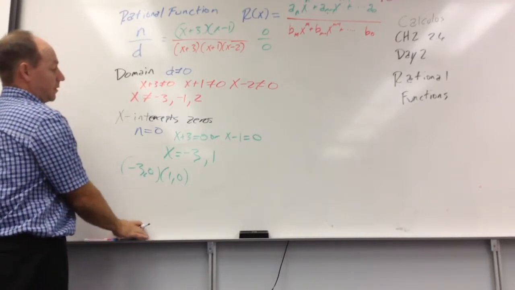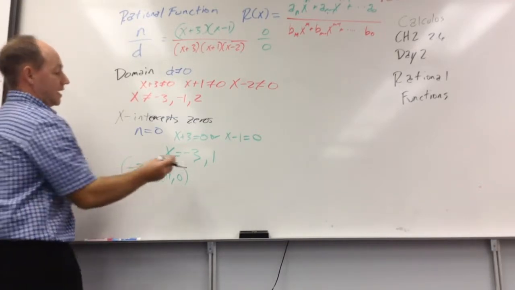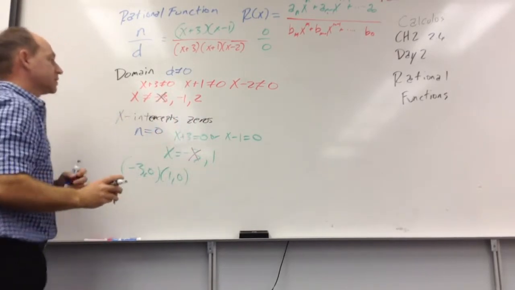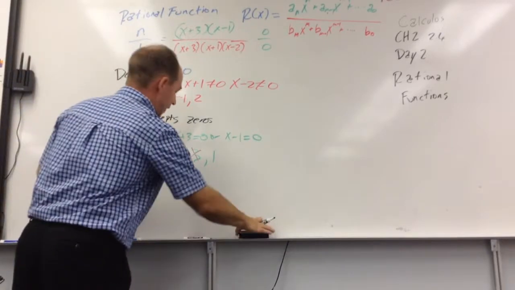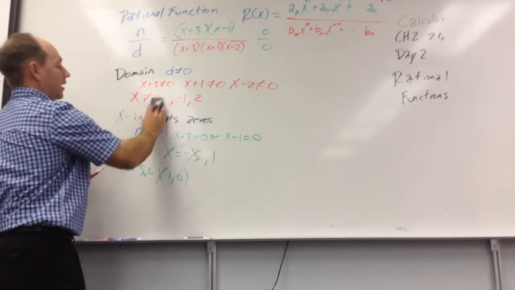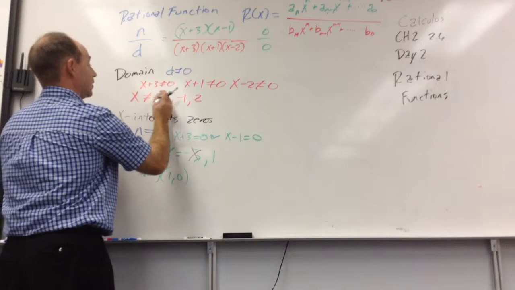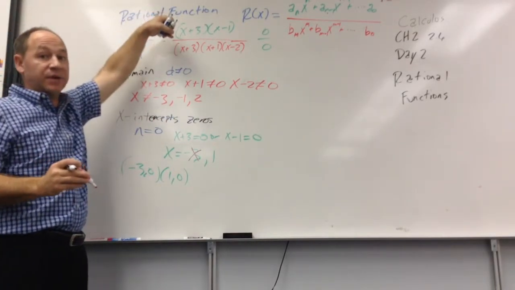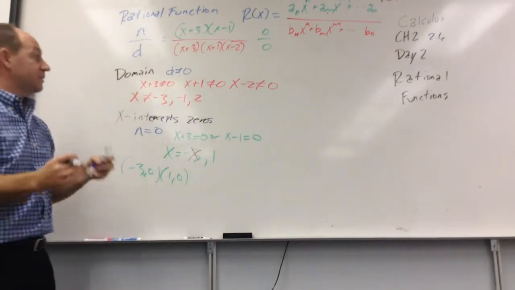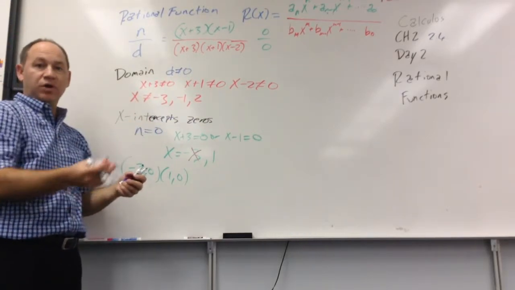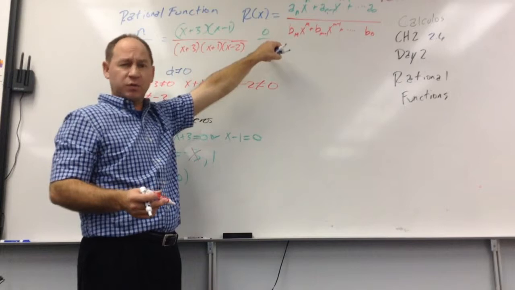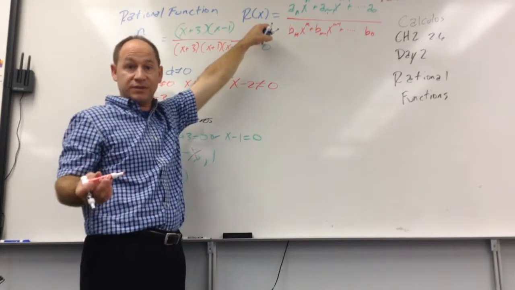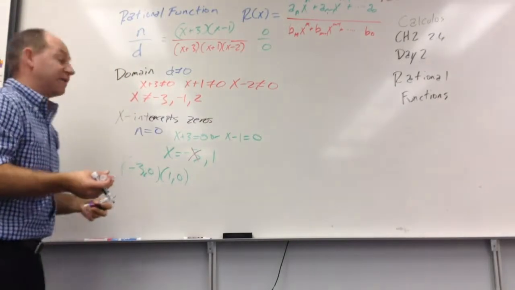There just so happens that when x equals -3, it's on both lists. So that means that it's not really going to cause a 0. However, it's still not in the domain. I still can't divide by 0, and I certainly can't take 0 divided by 0. That's called indeterminate. That's even worse than just dividing by 0, because we don't know: is it the same thing, so it's 1? Is it dividing by 0, so it's undefined? Or is it 0 on the top, so it's actually 0? So we call that indeterminate.